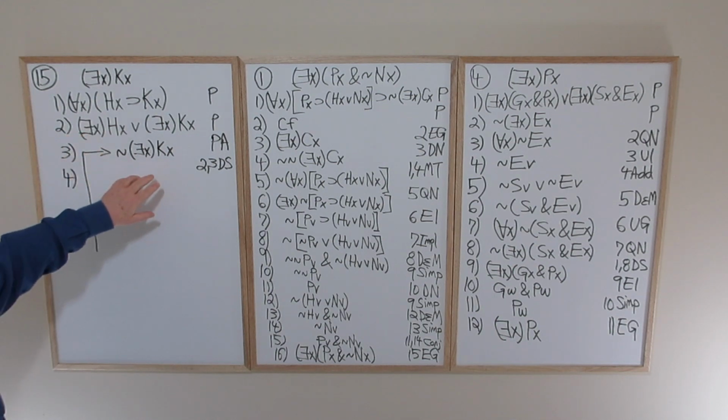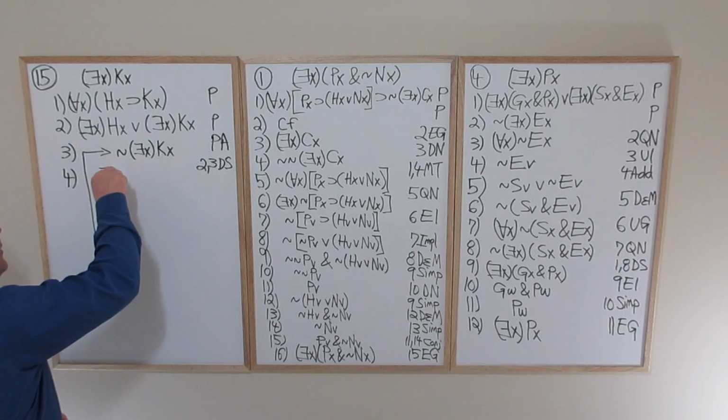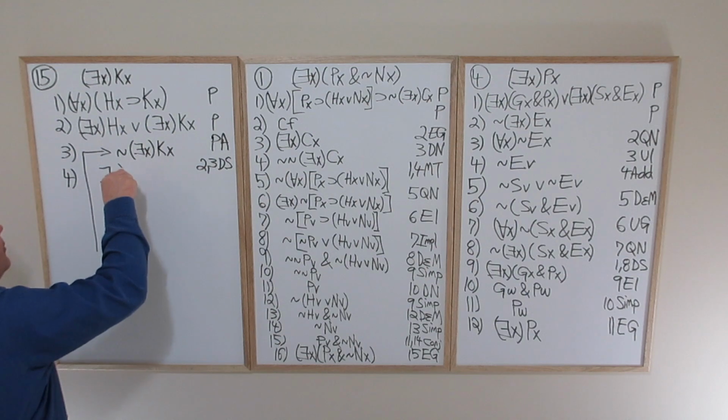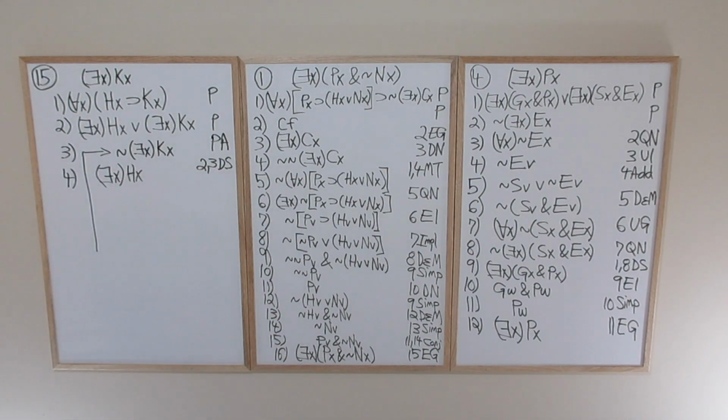So we've got a disjunction, we've got the negation of one of the disjuncts. By disjunctive syllogism, we get the other disjunct.